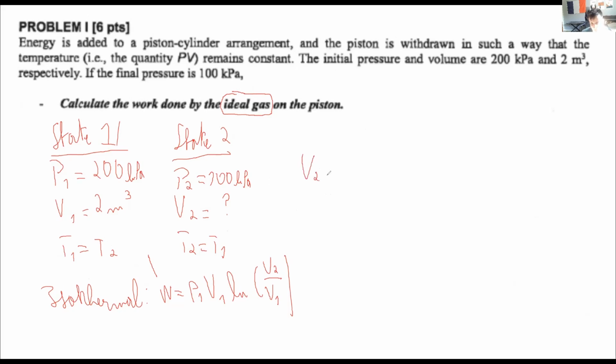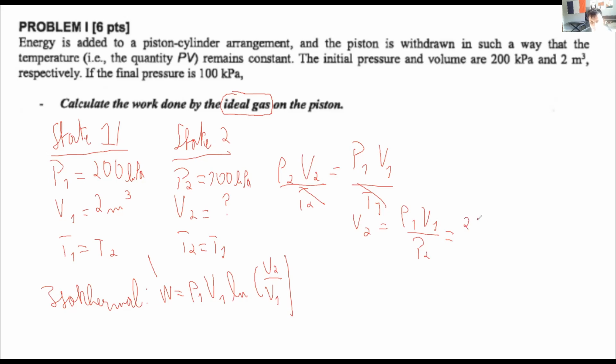So V2: P2 V2 over T2 equals P1 V1 over T1. We know that T1 is equal to T2, so we can just cross those out. Singling out V2, that gives us P1 V1 over P2.